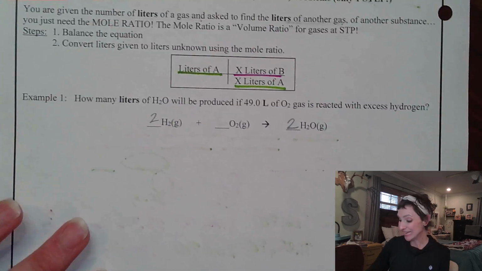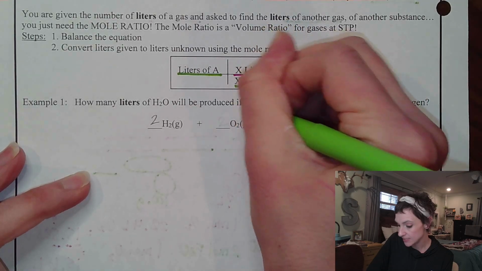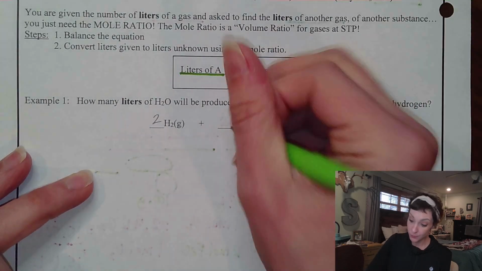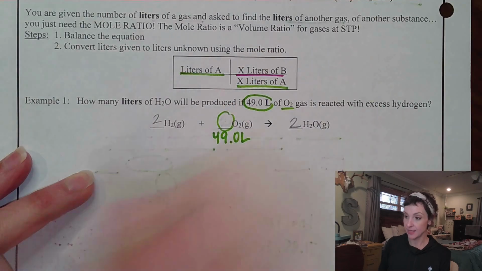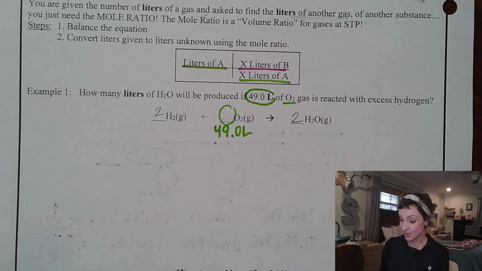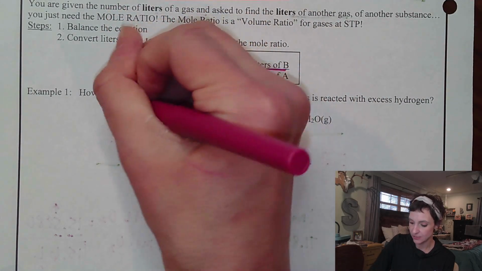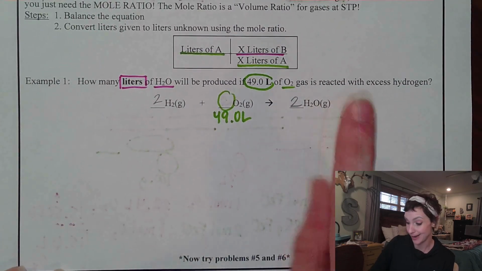Okay, my given is the number in the problem. I have 49.0 liters of who? Oxygen. I'm starting there, 49.0 liters. I will be using that number of a 1, not a 2 like I tried to do before, as the coefficient for that mole ratio. And then my ending substance is how many liters? So I'm asking you to take it to liters of the water vapor gas, right?